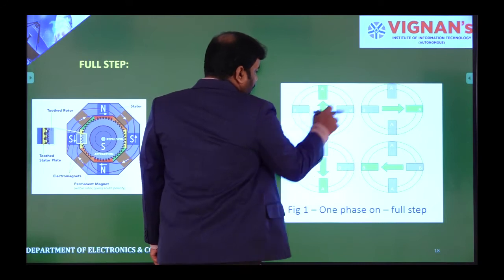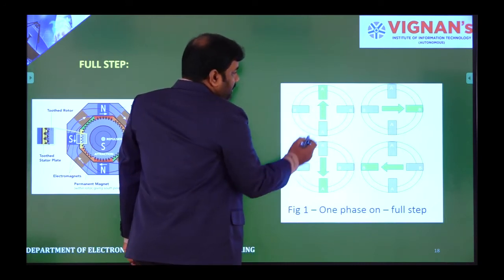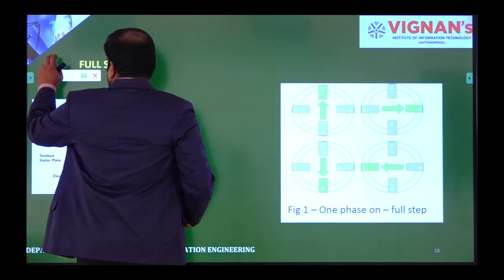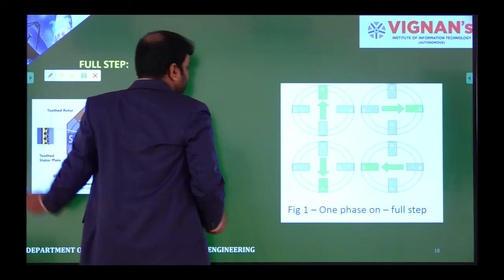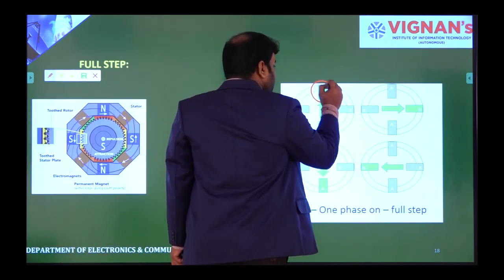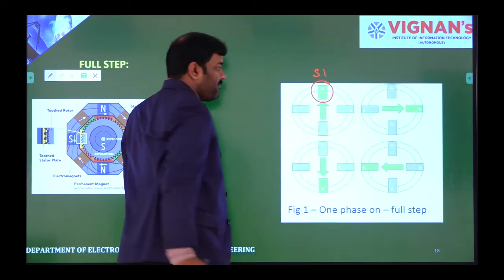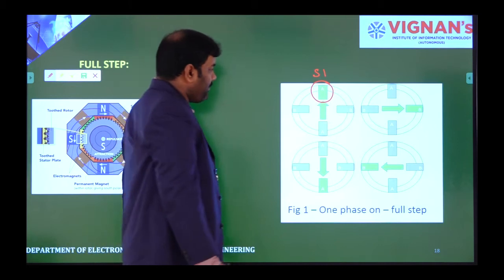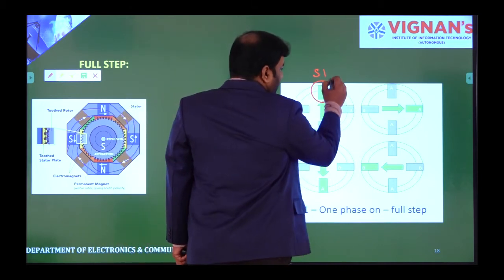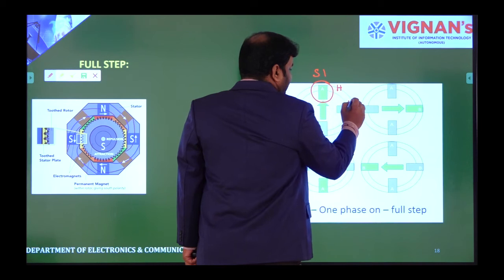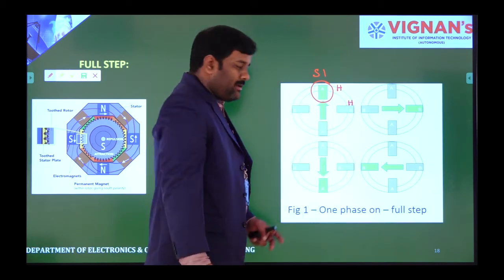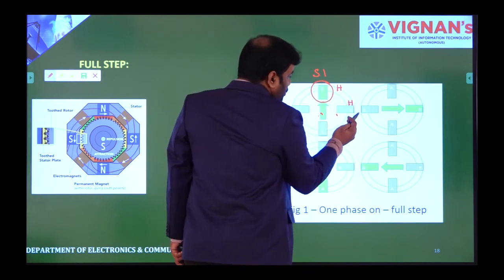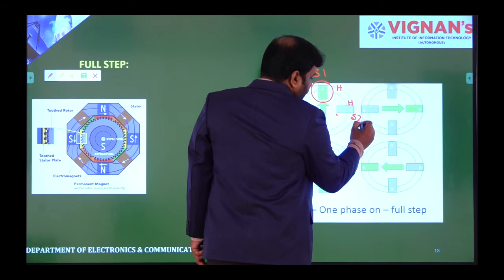So these are my coils and this is my motor. Whenever I am starting from the motor, here my A, I would like to represent as step 1. Then I am applying 2 coils, coil A and coil B, both in high mode. Then it can be rotated directly from S1 to S2, with no stops in between.